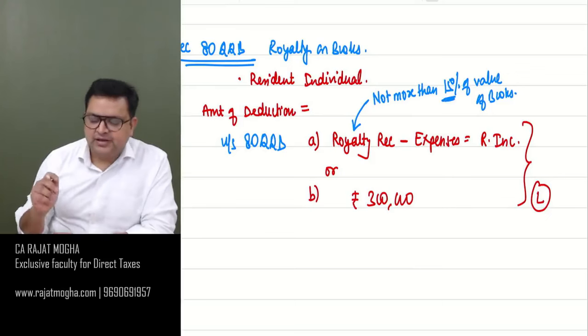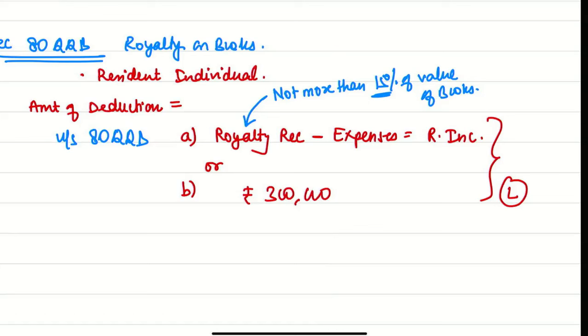Just remember, here royalty received should not be more than 15% of the value of the books.